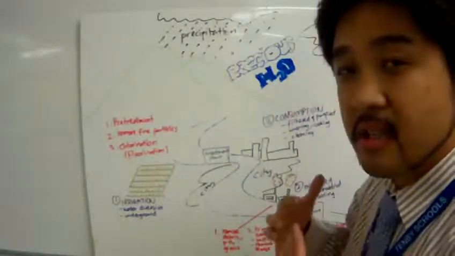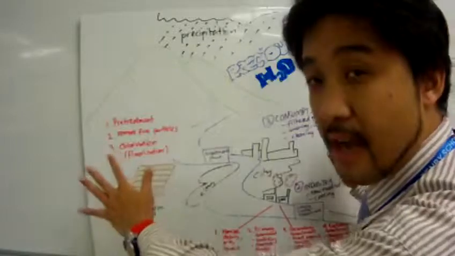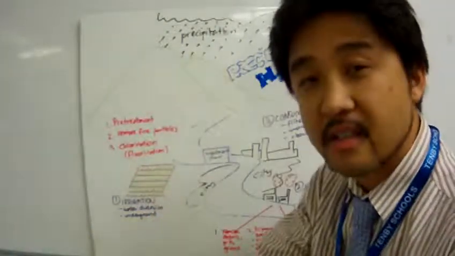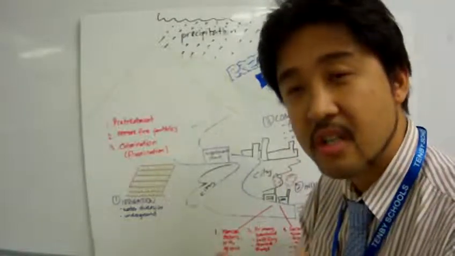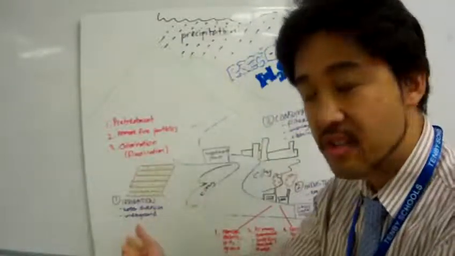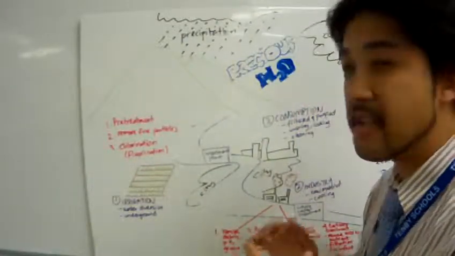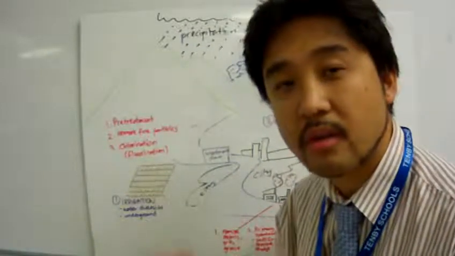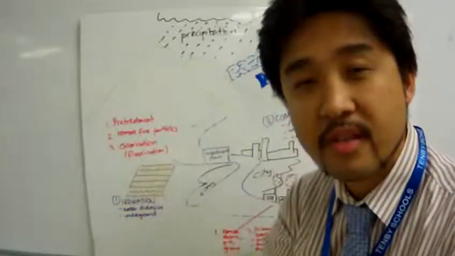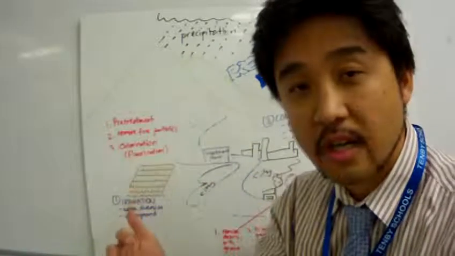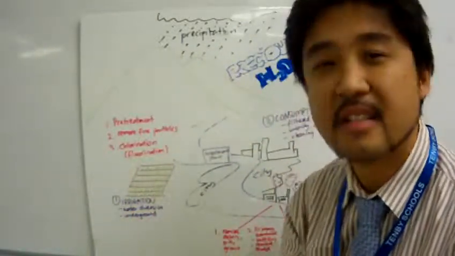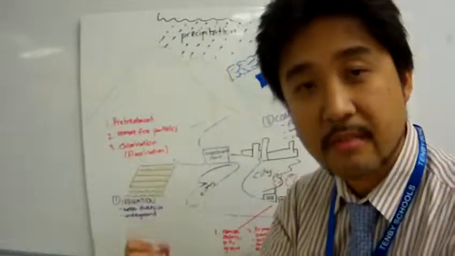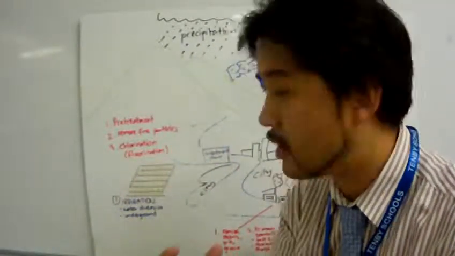So how do humans play a role in the hydrologic cycle? In fact, humans play a massive role in influencing and changing the hydrologic cycle. For example, humans are known to settle in rivers and along shorelines where there are lots of sources of water, preferably in deltas and rivers, because that's where fresh water is available.